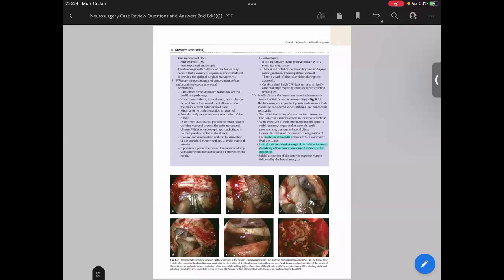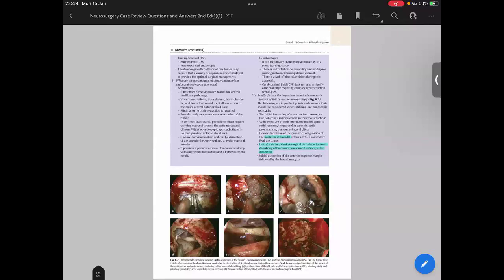The initial harvesting of a vascularized nasoseptal flap, which is a major element in reconstruction, is performed. Then a wide exposure of both lateral and medial optic carotid recesses, the paraclinoid carotids, optic prominences, planum sphenoidale, and clivus. I think this is an important step.